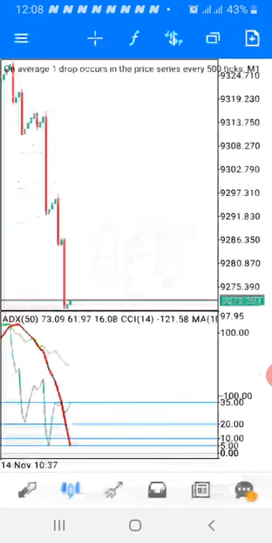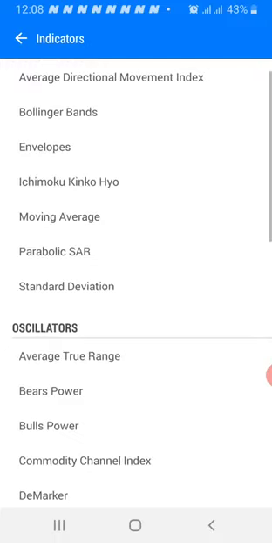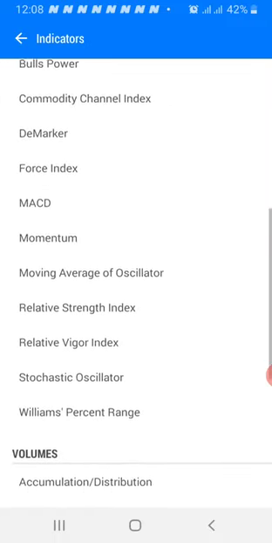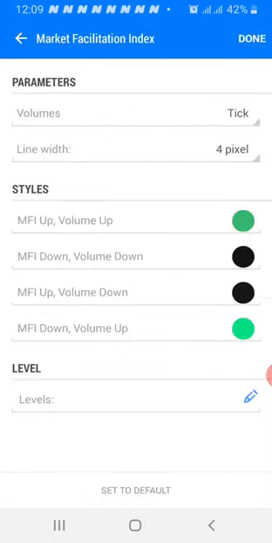You click done. Then the next indicator, which is the last indicator we'll need, is the market facilitation index. Click on the indicator tab, click on add indicator, market facilitation. You click on it.